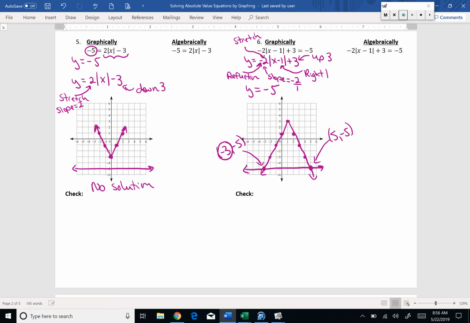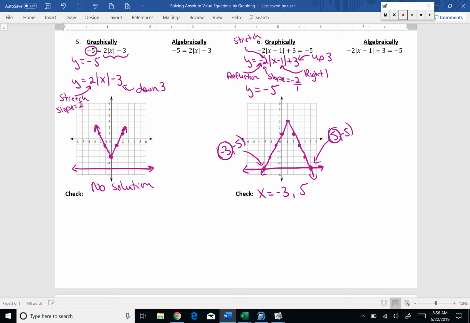We just need the x pieces. It's also especially important that you check, because I've noticed when we go to find those intersection points, some of us label the x and y backwards.